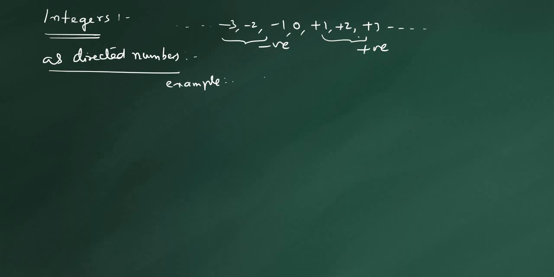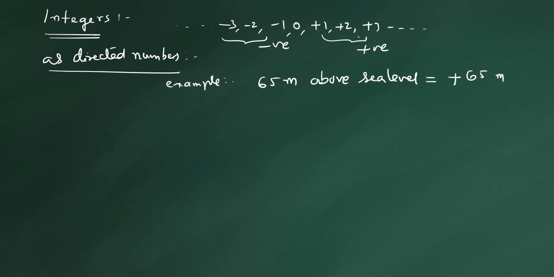suppose you are writing 65 meters above sea level. So 65 meters above sea level will be represented by +65 meters.